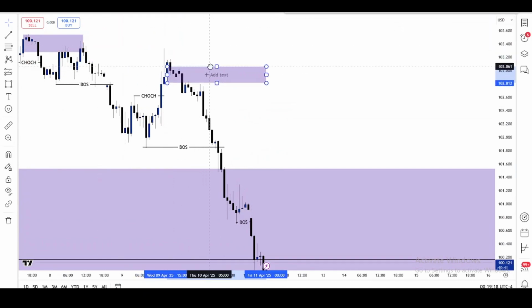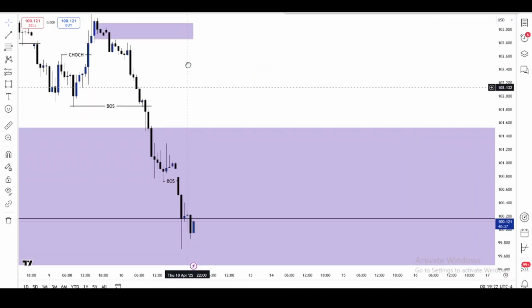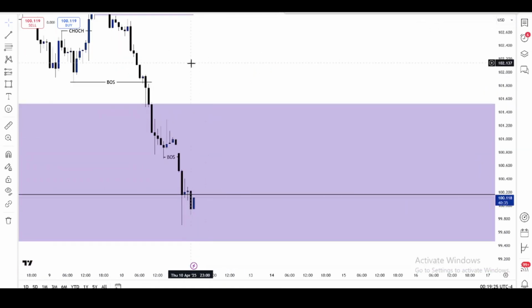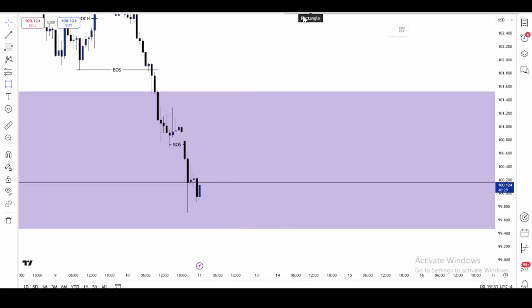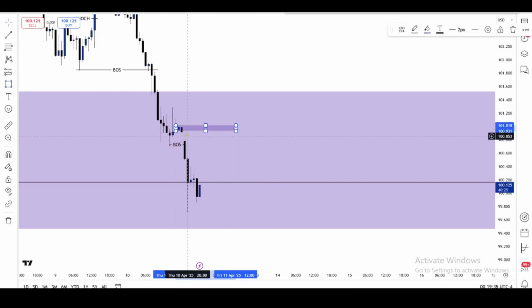So after this one, price has not really given us a clear break of structure and origin. We have this other block here, and we also have this volume imbalance here.